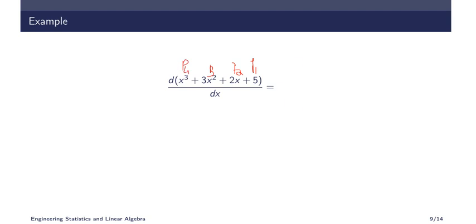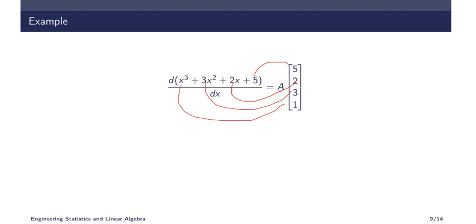So the coefficient of p1 is 5, p2 is 2, the coefficient of p3 will be 3, and the coefficient of p4 will be 1.